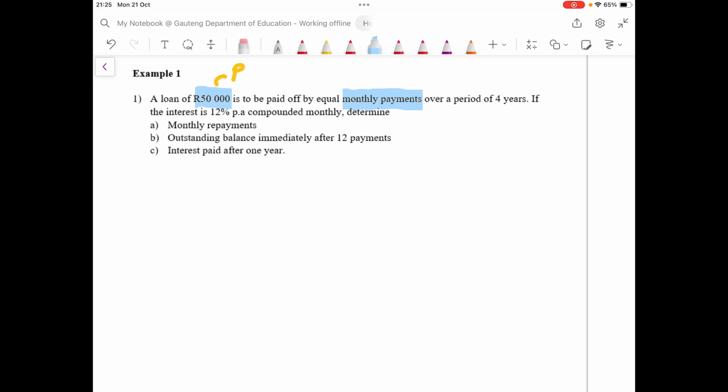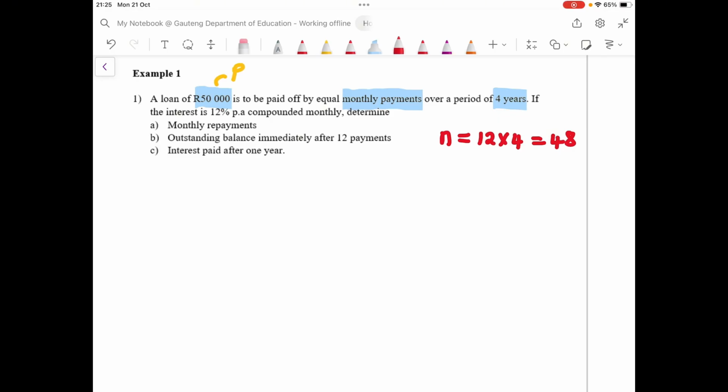If you are paying every month for a period of 4 years, you are making 12 payments each year. So it will be 12 multiplied by 4 years, which is 48. So here, your N will be 48.